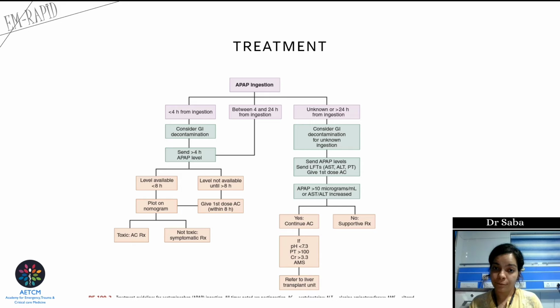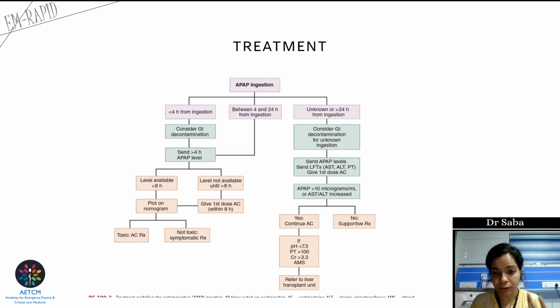Now, the third group are those people who present to us with an unknown time of ingestion, or those patients who have presented to us after one day of ingestion. In those people, we will go ahead with GI decontamination, because we don't know when the patient has ingested, and then we will send for toxicology lab to check for the paracetamol levels in the body.